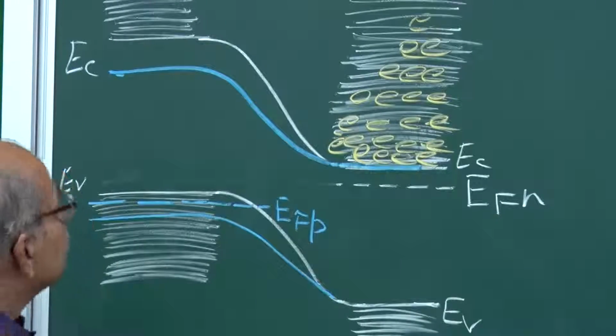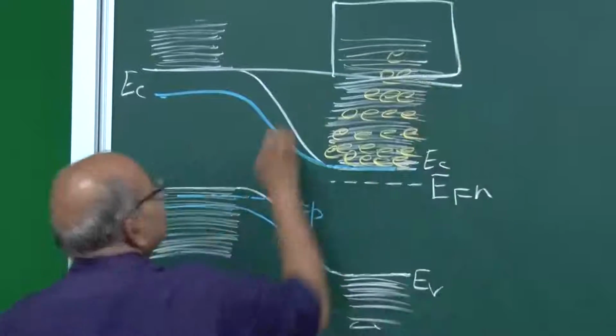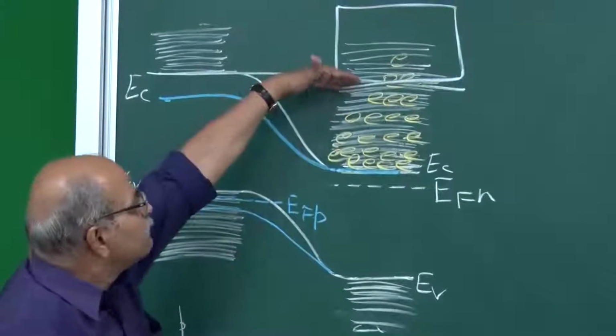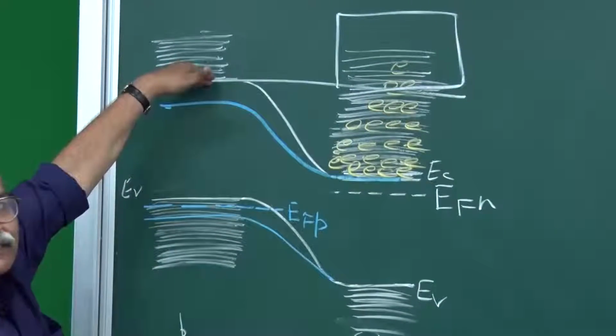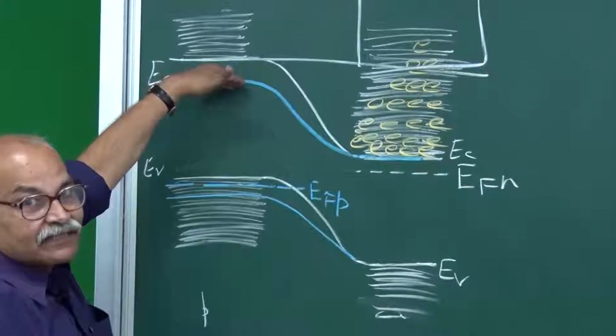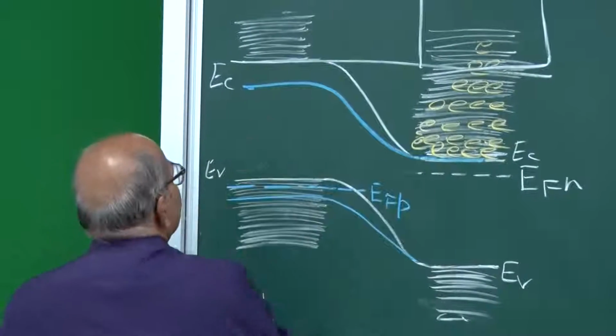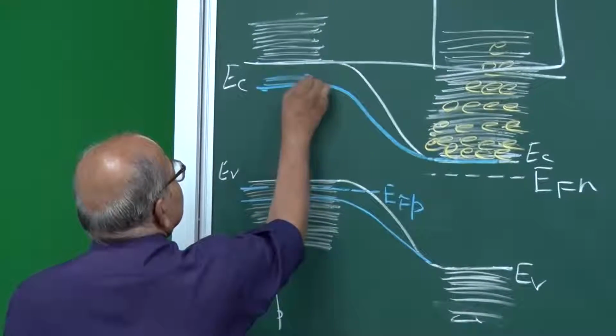Earlier these electrons were able to diffuse, which were having energies more than this energy EC there. But now the EC is shifted here. Now you have quantum states which start right from here.